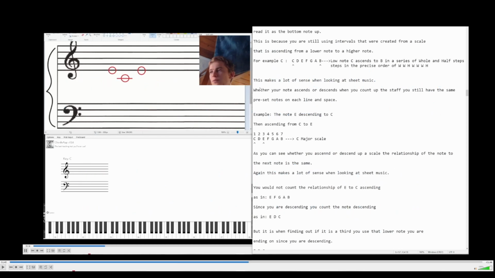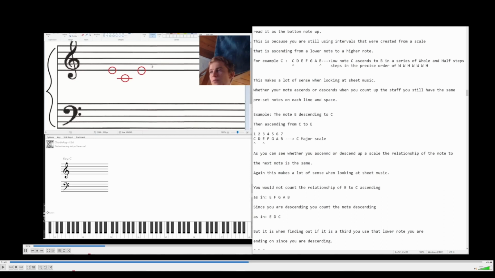Okay, so all of this stuff makes a lot of sense when we're looking at our sheet music, when we're talking about the descending and ascending notes, because whether your note ascends or descends, when you're counting up the staff, you still have the same preset notes on each line and space. So as you can see, these notes that are on the staff, they're not changing.